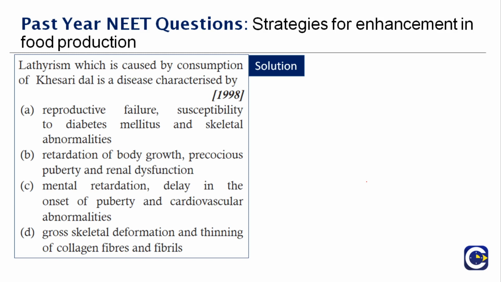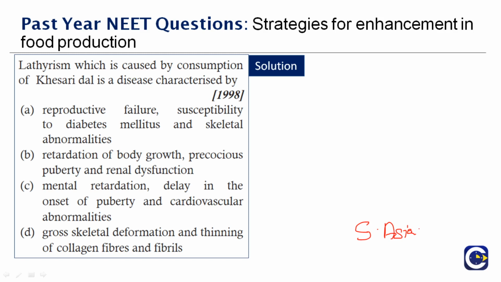This is a tropical disease that is marked by tremors, muscular weakness, and many more symptoms, and this is more prevalent in South Asia. It is commonly attributed to the consumption of the seeds of the grass pea.